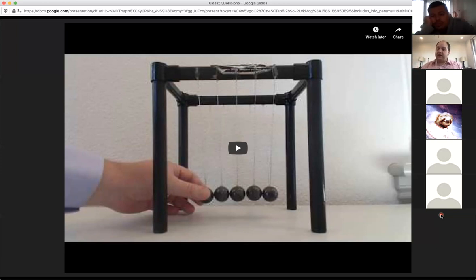Because inside of that system, any interaction can only trade momentum around. But any force coming from outside of your system can change the momentum of your system. You can get momentum from somewhere else that we're not tracking, not talking about.